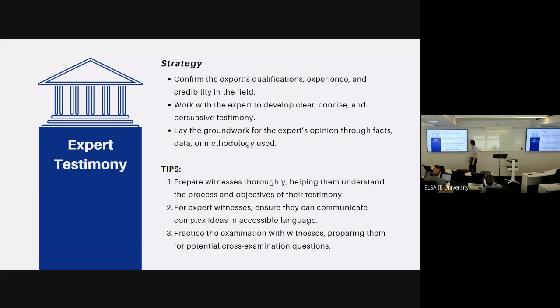Anyway, you want to prepare these witnesses extra thoroughly because they're going to be asked questions that are more technical than other witnesses. So when you bring your witnesses, make sure that you are really walking them through it: they're going to ask you questions on this thing, and on this.